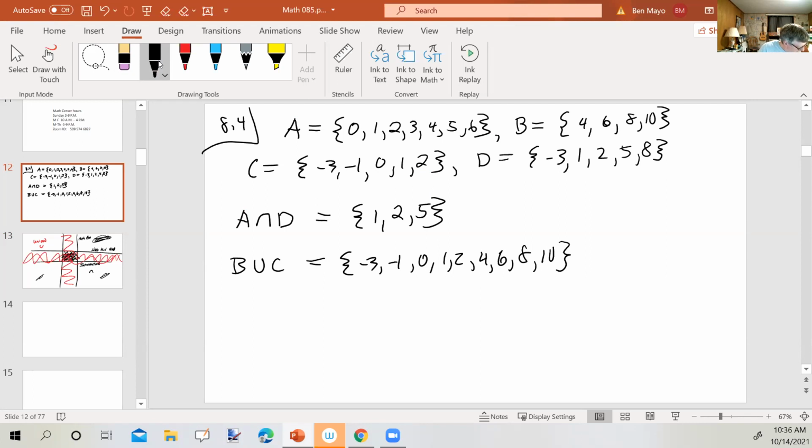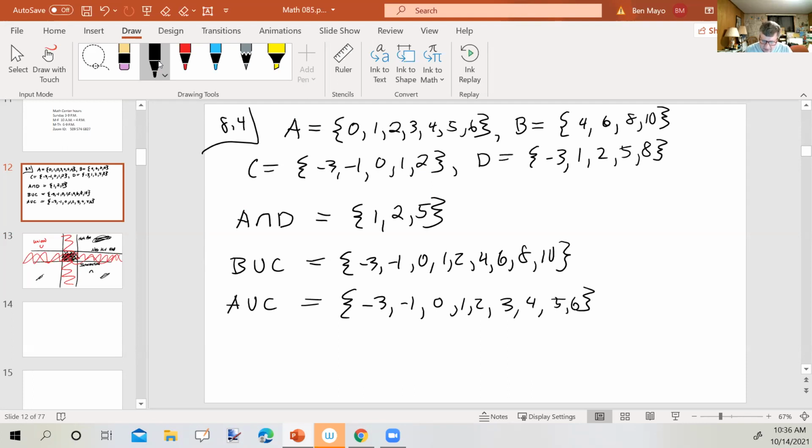And let's see here. Let's take a look at the union of A and C. So that would be all of A along with all of C, -3, -1, 0, 1, 2, 3, 4, 5, 6.